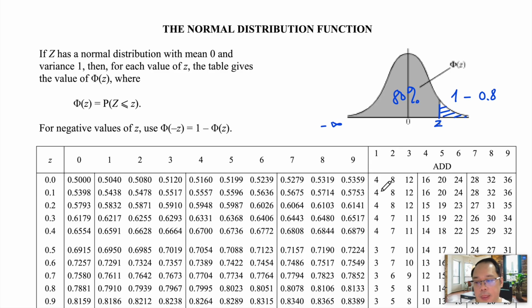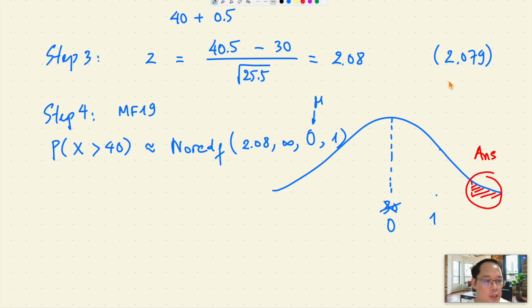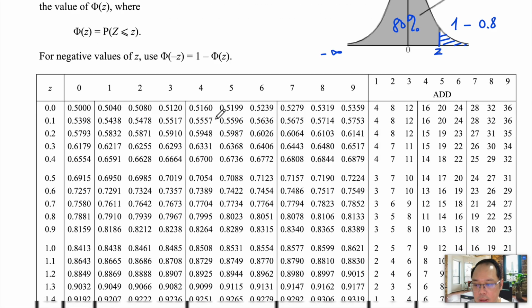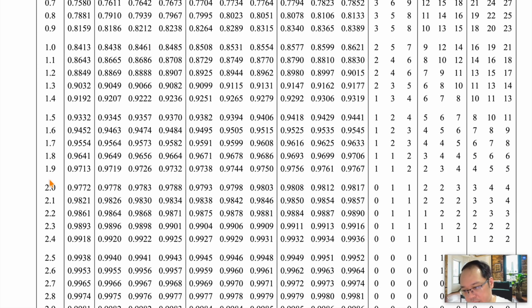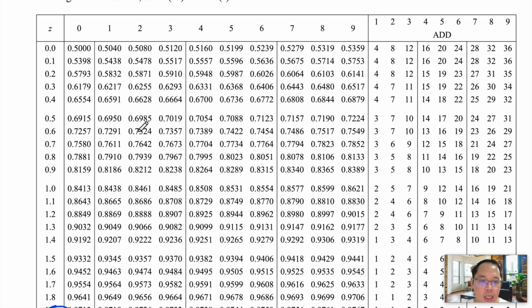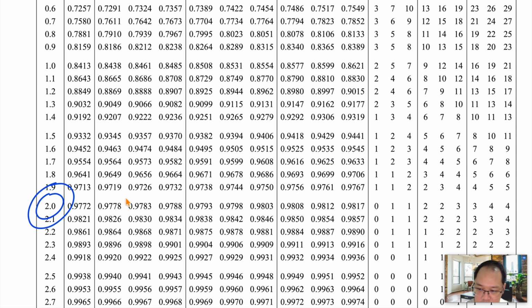Okay, so we have the z-score 2.08. I look at the table here to find that value 2.08. 2.0 is here, this one, and then 0 and then 8. I will look at this value 0.8, this one.